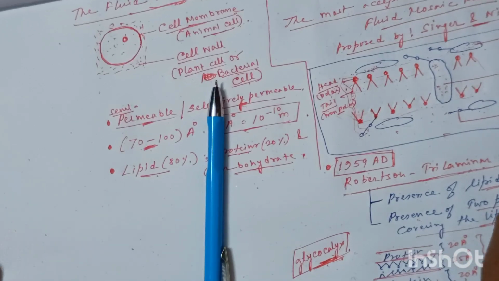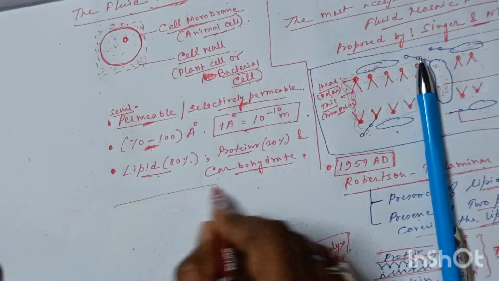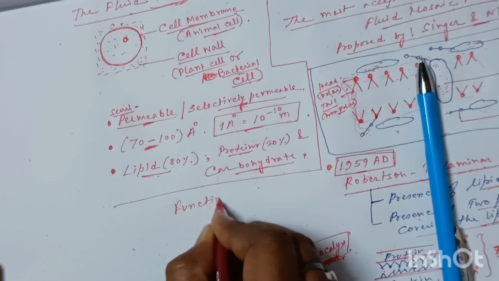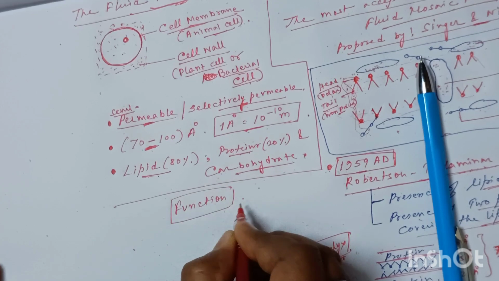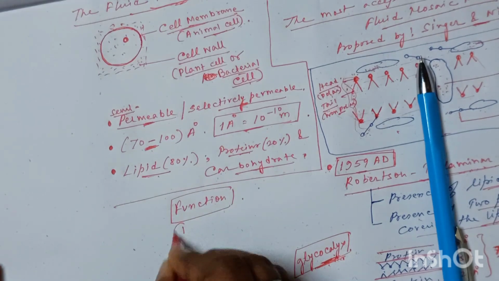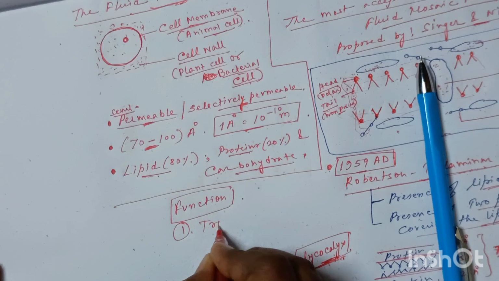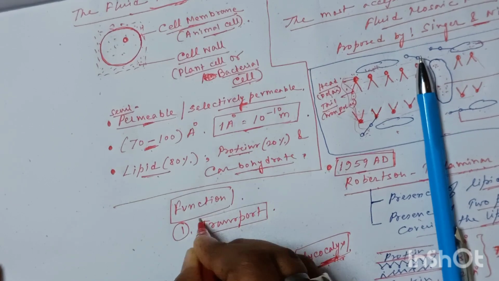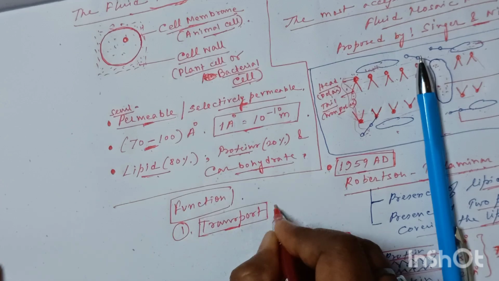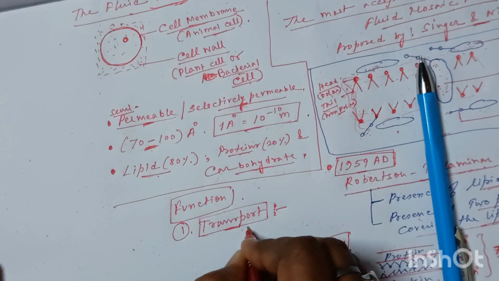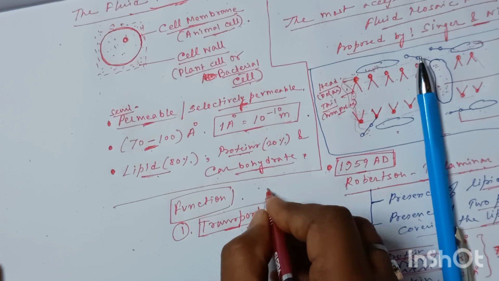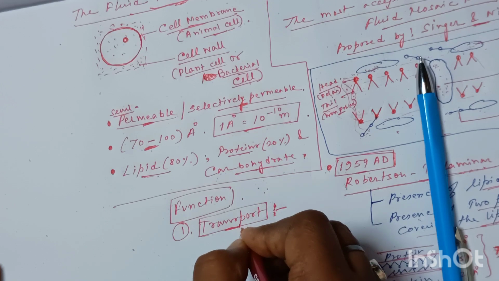Now, if we come to the function of the cell membrane, the basic and prime function of the cell membrane is the transport of material from inside of the cell to the outside and from outside of the cell to inside.